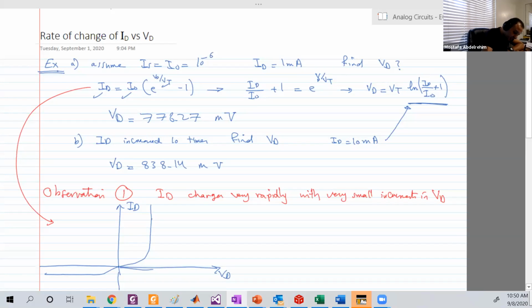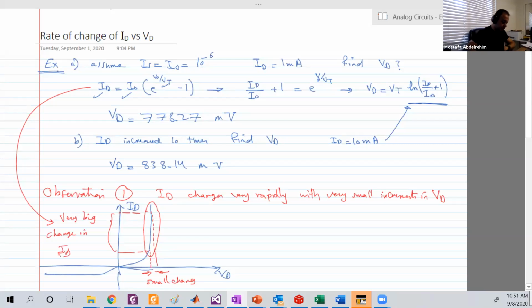If we look at this part especially, you see, for a very small change in VD, we have a very big change in ID.